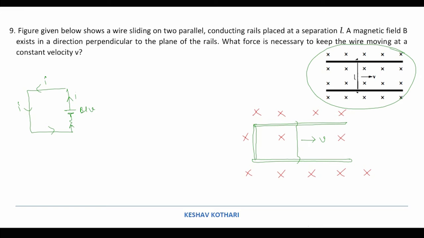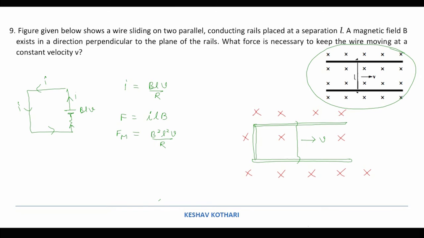The current would be BLV upon R, where R is the resistance offered by this conducting rod, and then the force needed would be equal to ILB. So this would be the magnetic force acting on the wire, that is B square L square V upon R.